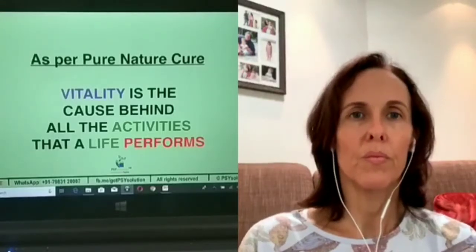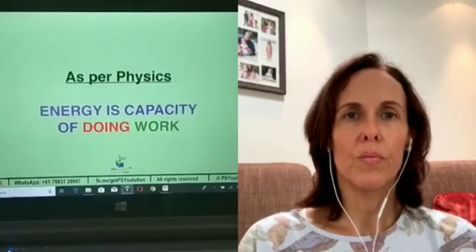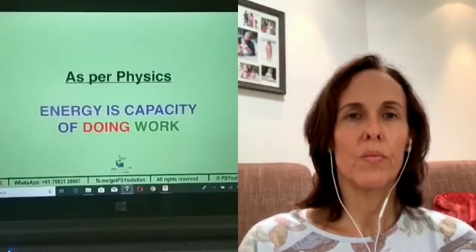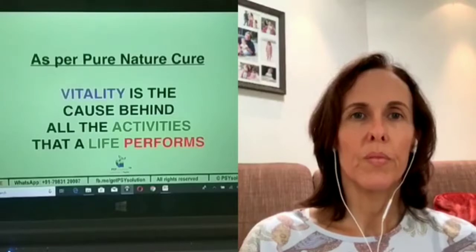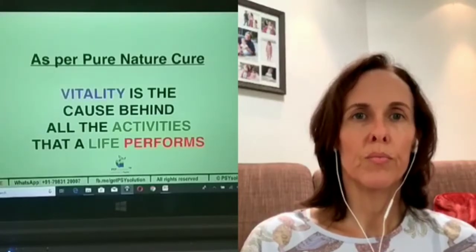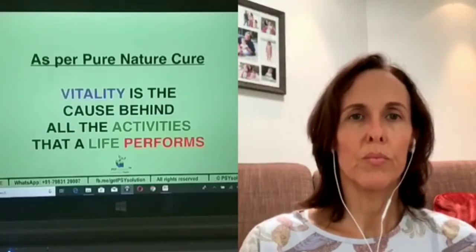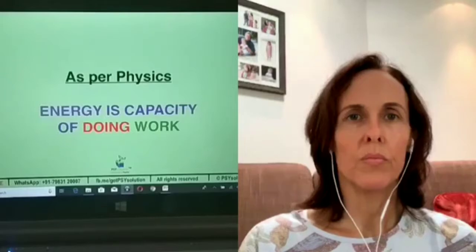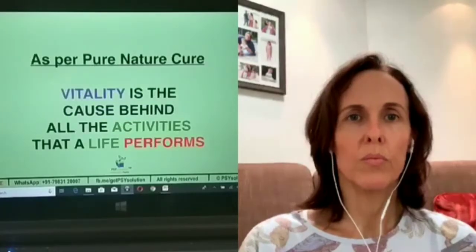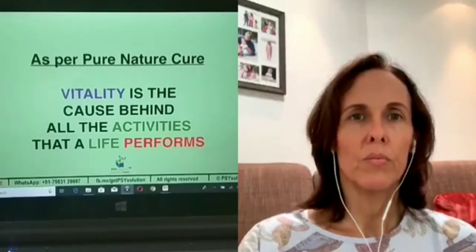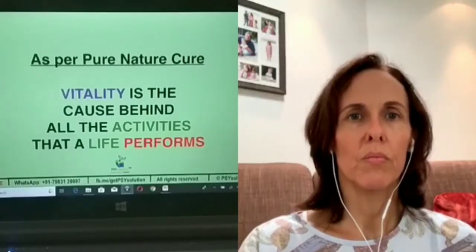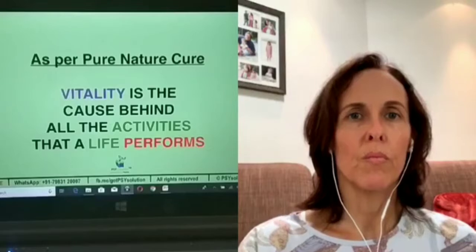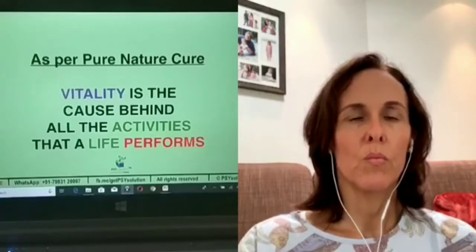Now if you see both the definitions, energy is a capacity of doing work and vitality is the cause behind all the activities that a life performs. Can you correlate the activities with the work and performing with the doing? So all the same, it's just rephrasing the definition of energy. So we see a correlation over here.